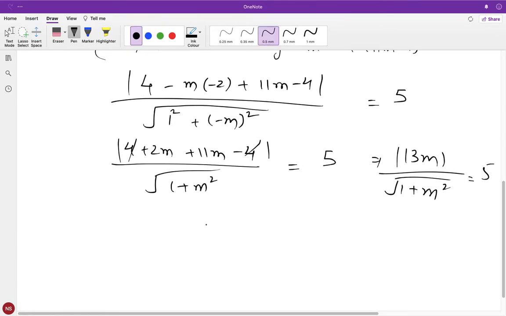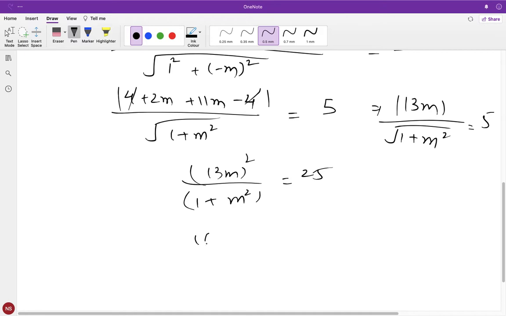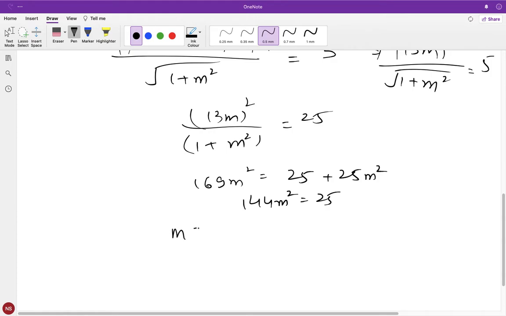So (13m)² divided by the square root, the square root is cancelled because I have squared it. 5 squared is 25. So 169m² is 25 + 25m², or 144m² is 25. So m is either 5/12 or minus 5/12.